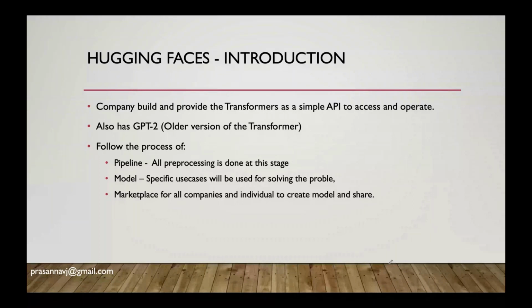One of the beautiful frameworks available is Hugging Face. Hugging Face has built a wonderful platform in terms of their own transformer architecture, but also has an option of utilizing others'. They created a marketplace where people can start building code for the transformers and upload it to the marketplace, and those transformers can be utilized for your specific activity.